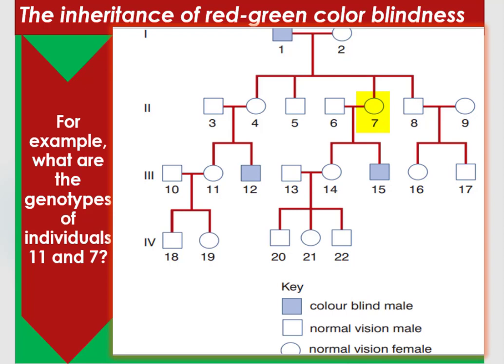When we do this, her father, number 1, and her son, number 15, are affected. That means she is X capital B X small b, heterozygous or a carrier, because her son's genotype is X small b Y, and her son can only acquire this X small b allele from his mother.